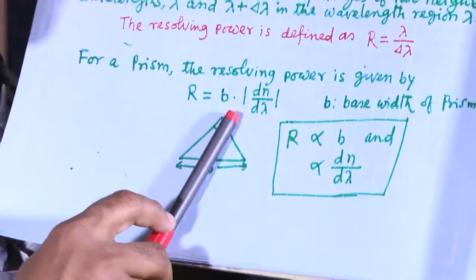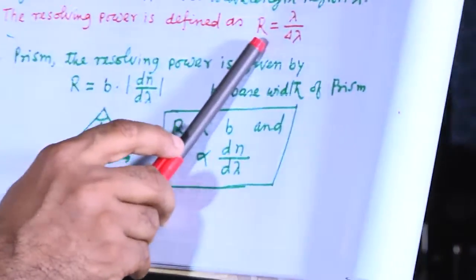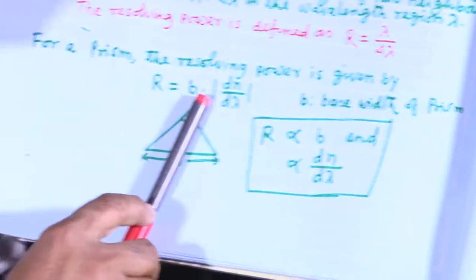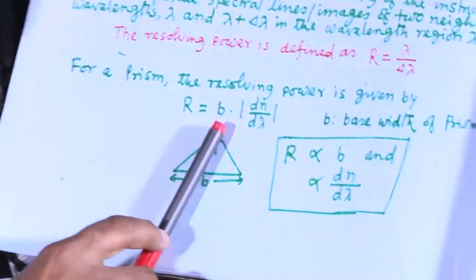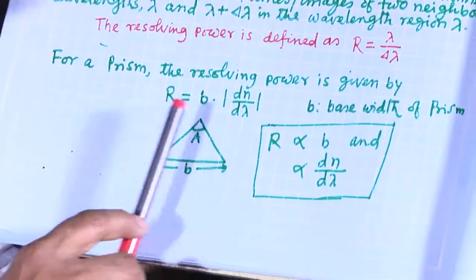This formula comes from using the general definition. One has to derive it, and it is not very difficult to derive. So this is the dispersive resolving power of the prism.